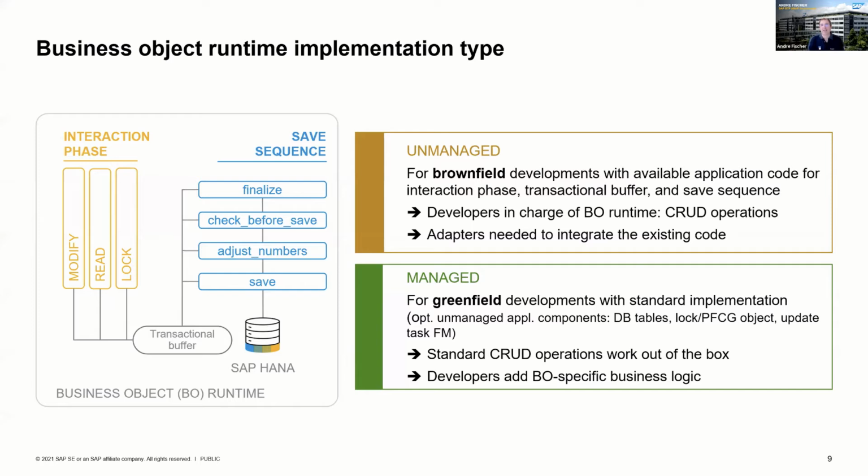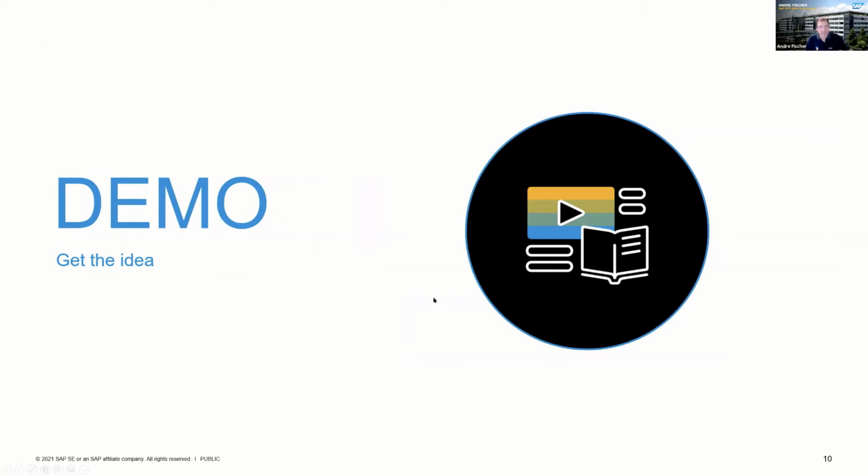And this can only be set at a very late point in time when everything is already checked. And as a result, if something goes wrong, the framework has no other choice than to answer with a dump. And then the save sequence starts.